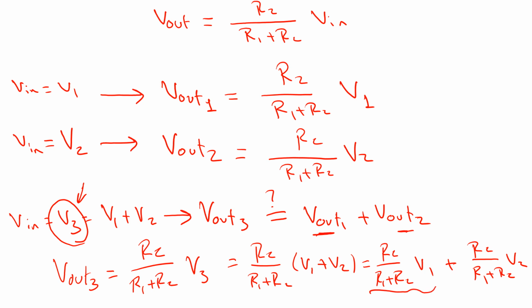So what you can see here, this is actually Vout1 and this is Vout2. So now this circuit, when it takes an input that is a superposition of two single inputs, the output actually is the same superposition of these two single outputs. So this circuit is a linear circuit.